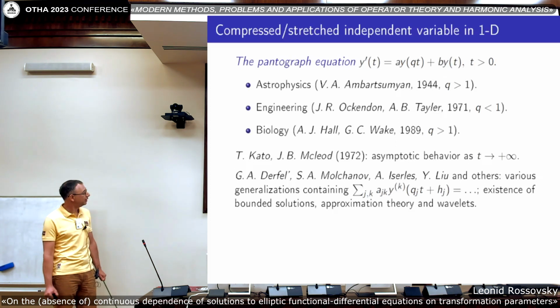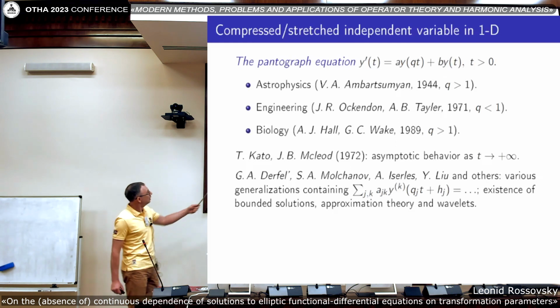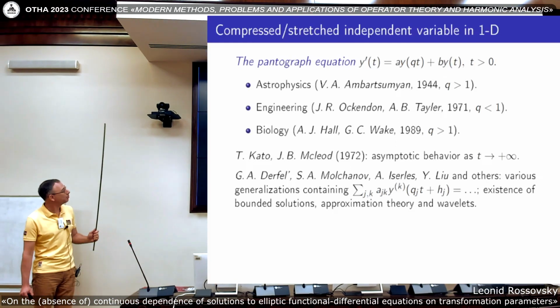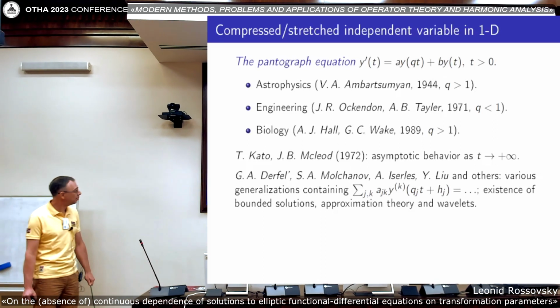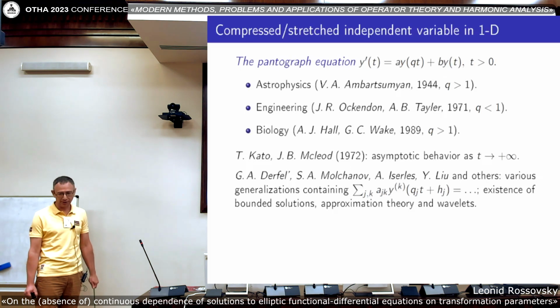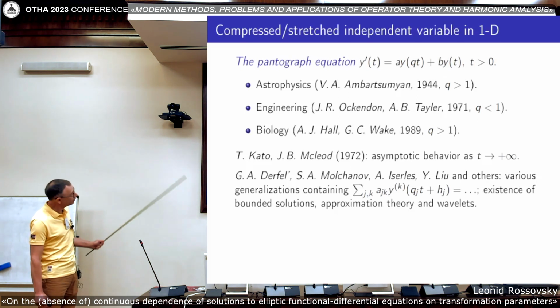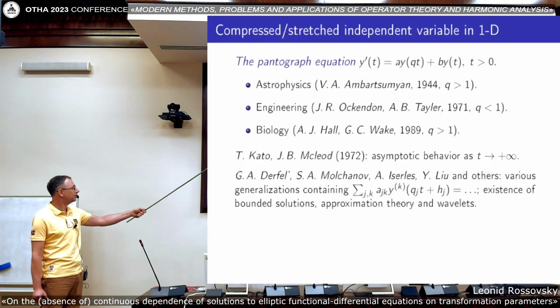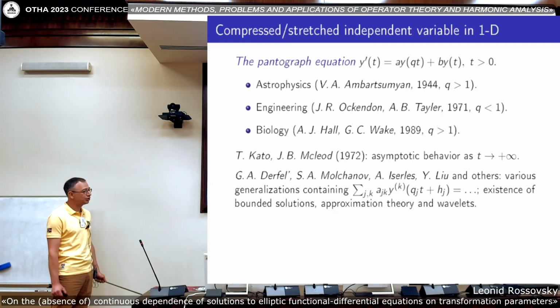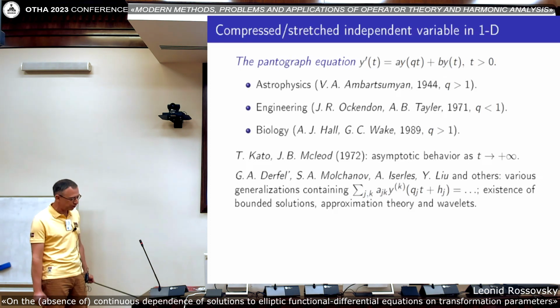But earlier, in 1944, academician Albert Zuman obtained this equation in the problem of light absorption by nebulae. Later, in the 1980s, the pantograph equation emerged in problems in biology, in the problems of cell growth and reproduction.